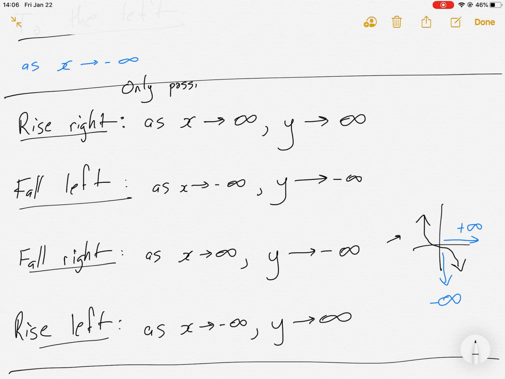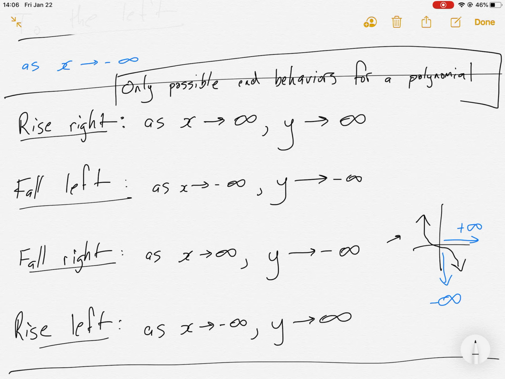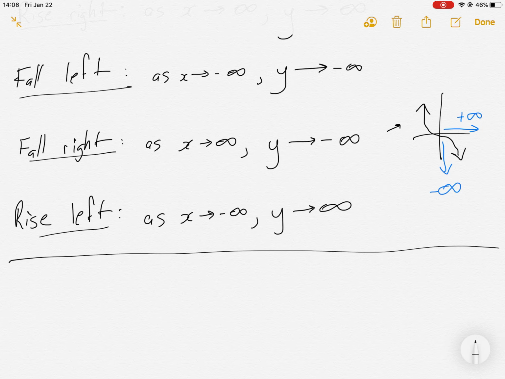Well, it is true for a parabola, but for any polynomial. Let's conclude here with a quick example, and then in the next video we'll do a little bit more nuts and bolts of end behavior.